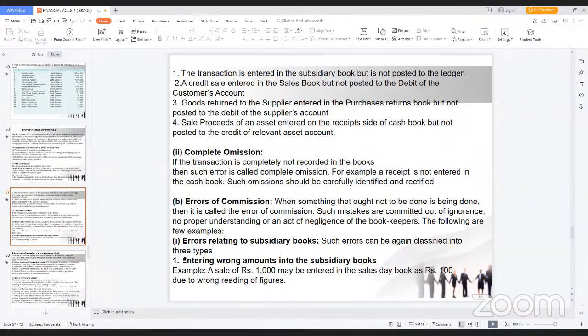And credit sales entered in the sales book, but not posted to the debit of the customer's account. Means in one book you have written sales account debit to Ram account. That is a customer. So in the sales book you have written that Ram has given, but in the Ram book you have not written any sales. That is, you made only a partial entry.